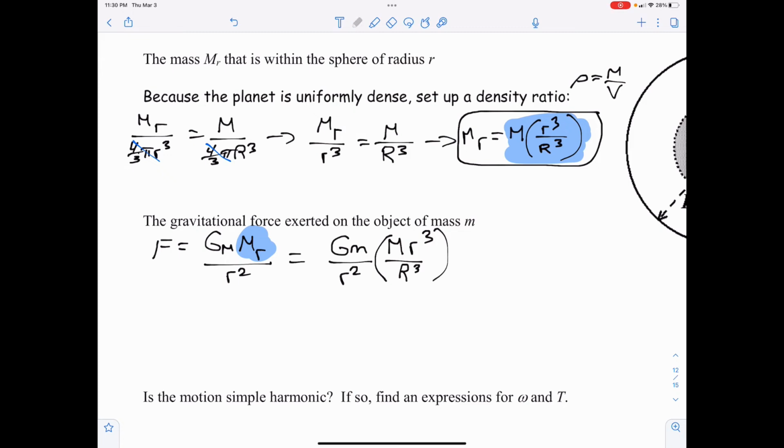Okay, let's break this one down. 2 of those would cancel with 2 of those, leaving you with 1 left. And your gravitational force would be big G, little m, big M times r, over big R cubed.